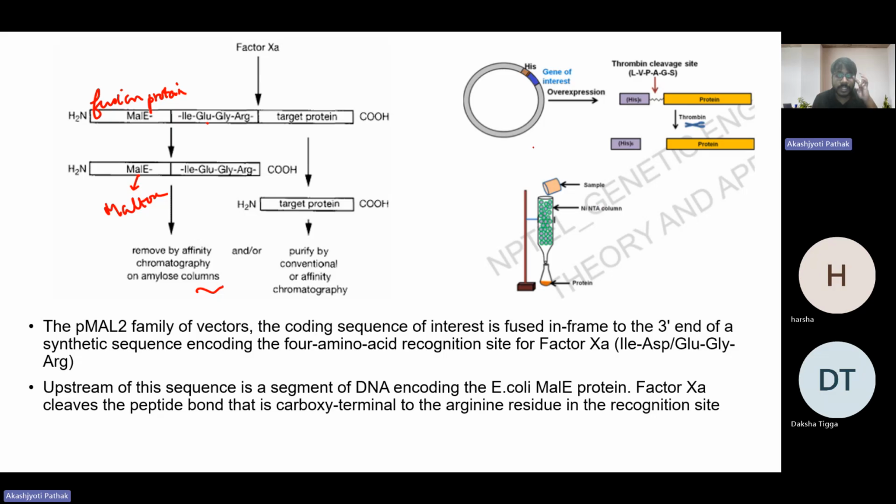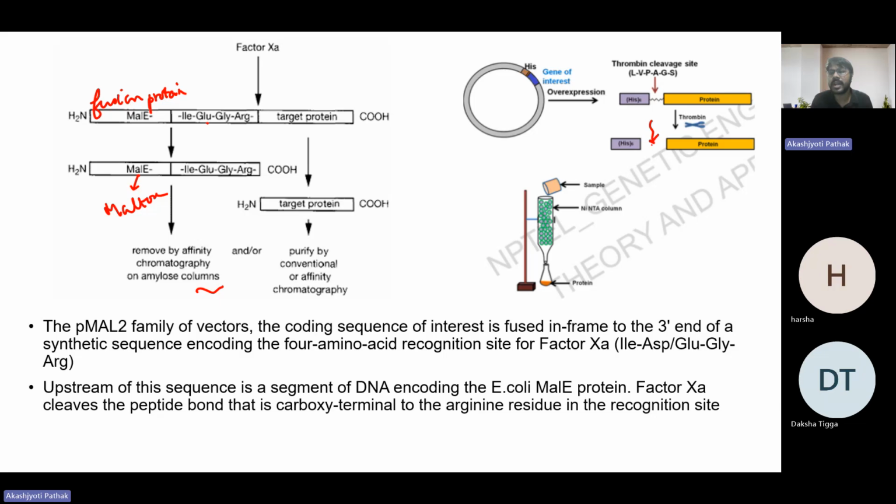Now, another method is the his tag. What is done is you have added a his tag at the N terminal region of the protein, and after that there is a thrombin cleavage site, and then you have your protein. Once you add thrombin, it will recognize this thrombin cleavage site and cause a cut.